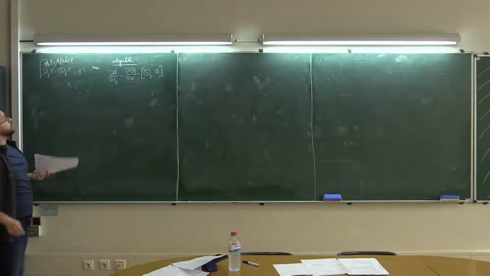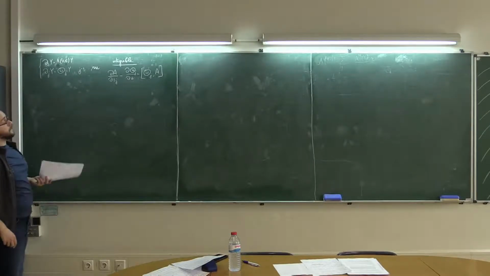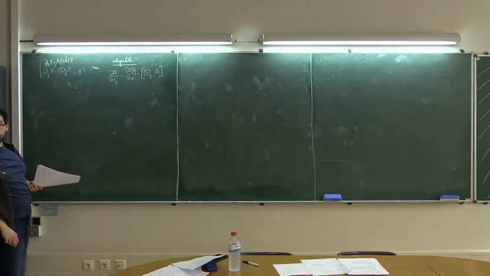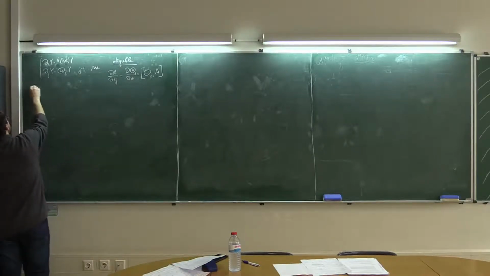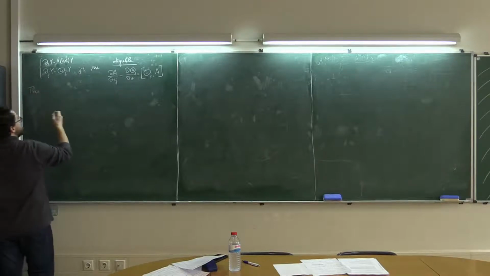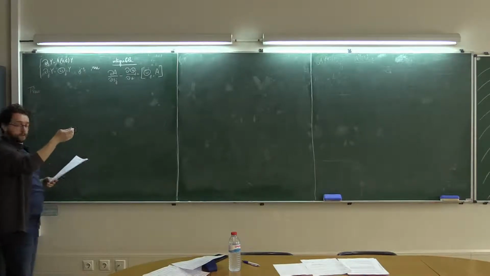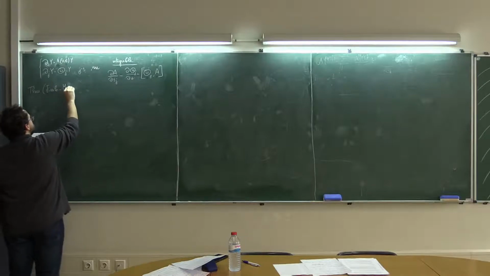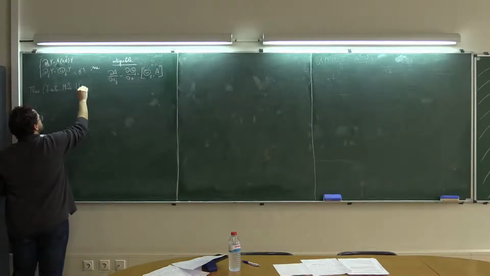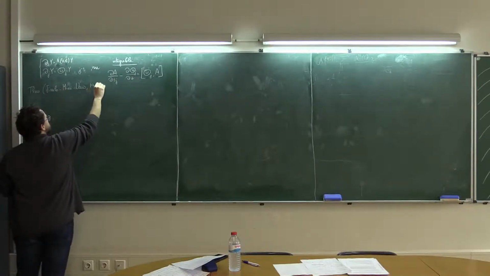A priori, this is a necessary condition in order to have strong isomonodromicity. A very deep theorem by Jimbo, Miwa, and Ueno, 1982, tells us that actually this is also a sufficient condition.